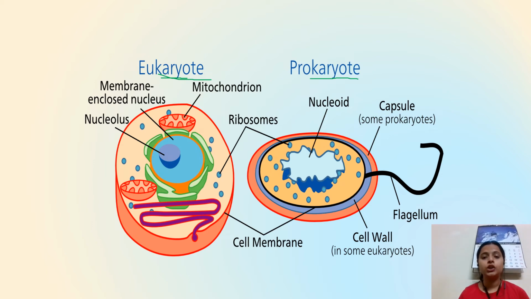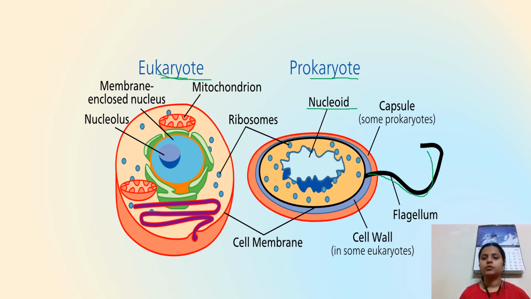Nucleoid is present in prokaryotes. Flagella is also present in the prokaryotic cell. Cell wall is present in the prokaryotic cell, and cell membrane is present in both cells. So the similarities in eukaryotes and prokaryotes are that ribosomes and cell membrane are present in both. Nucleus is present, yes. But flagella is only present in the prokaryotic cell. You need to remember that also.